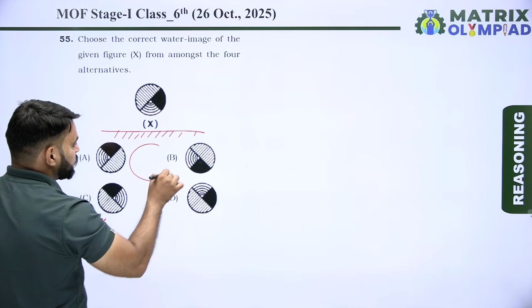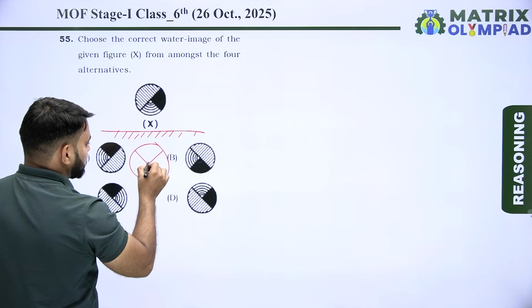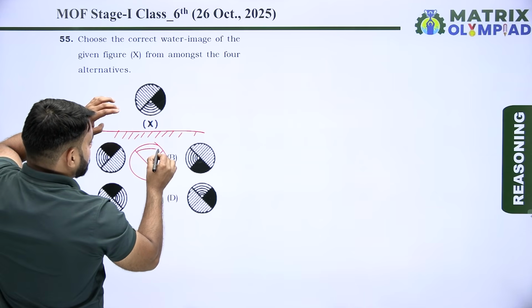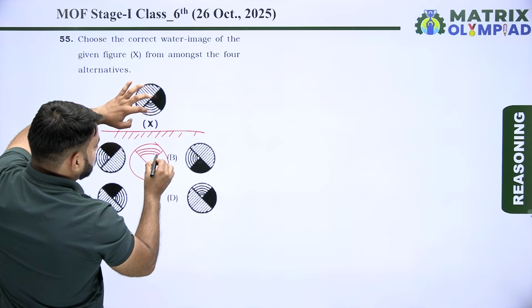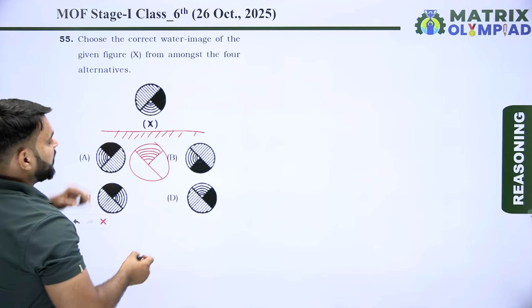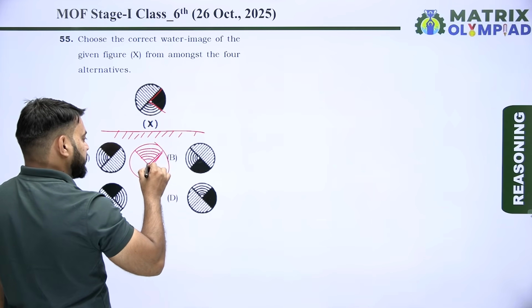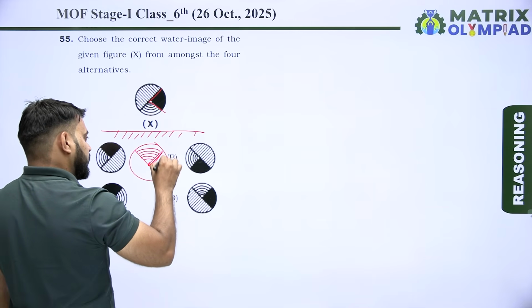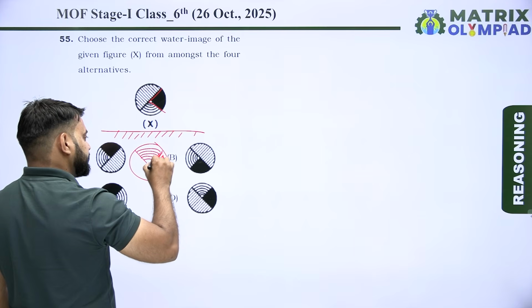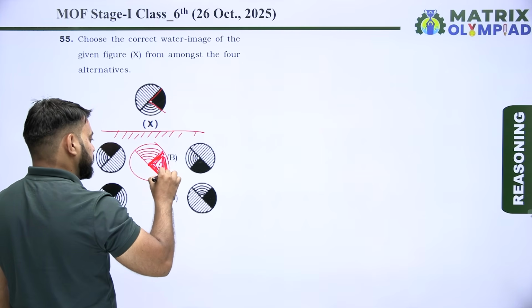So the water image of this part will look something like this. This part is near to the water, so it will remain near to the water in the water image. This part of the figure will look something like this. This is the complete shaded portion.